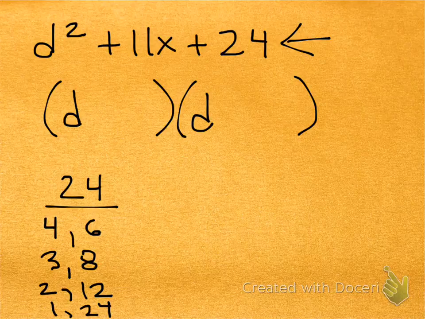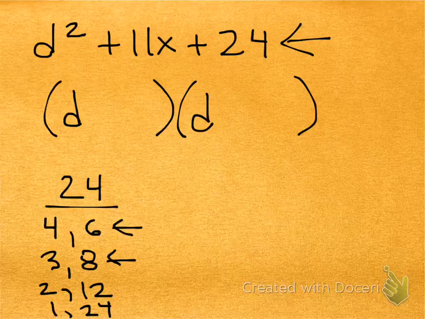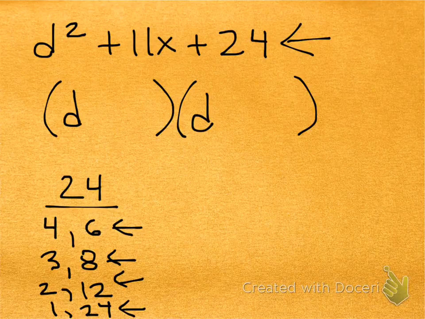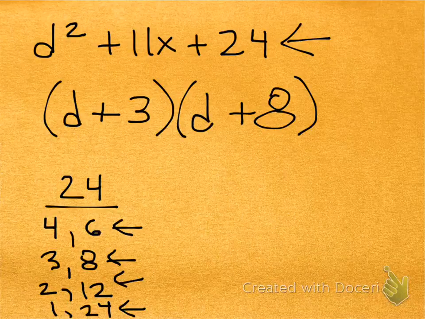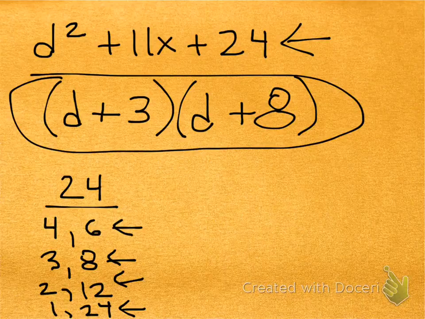So you look at each set, and which set gives you 11 when you add it together? That would have to be 3 and 8, and you can keep them both positive. If you multiply 3 and 8 together, that gives you 24. So you put plus 3 and plus 8. It doesn't matter which one comes first, but that is how you would finish the factoring. So this would be your final answer.